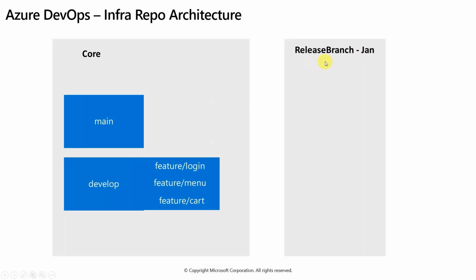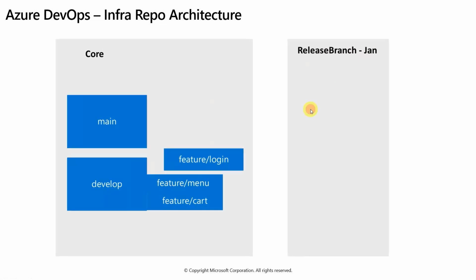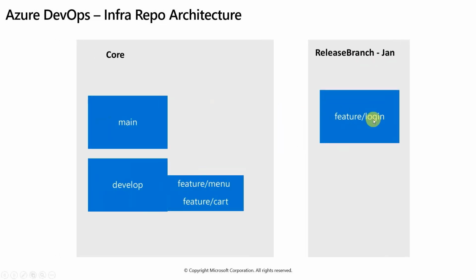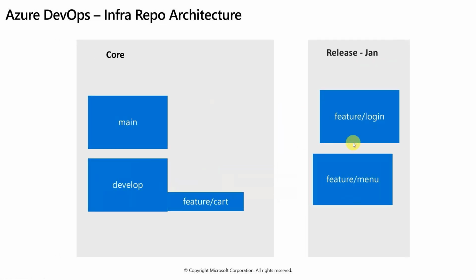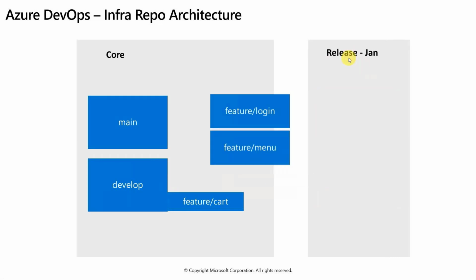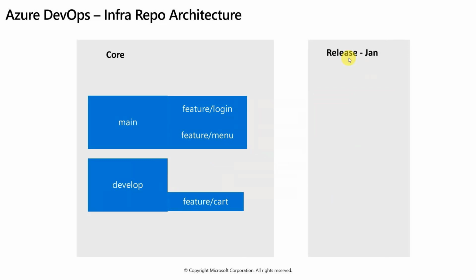So now that branch should get whatever code is required for feature login and maybe menu, correct? So now this contains everything related to login, menu, and anything before these features, and these should be deployed to production from the release branch, and if deployment is all successful, then they should be promoted to main, correct?